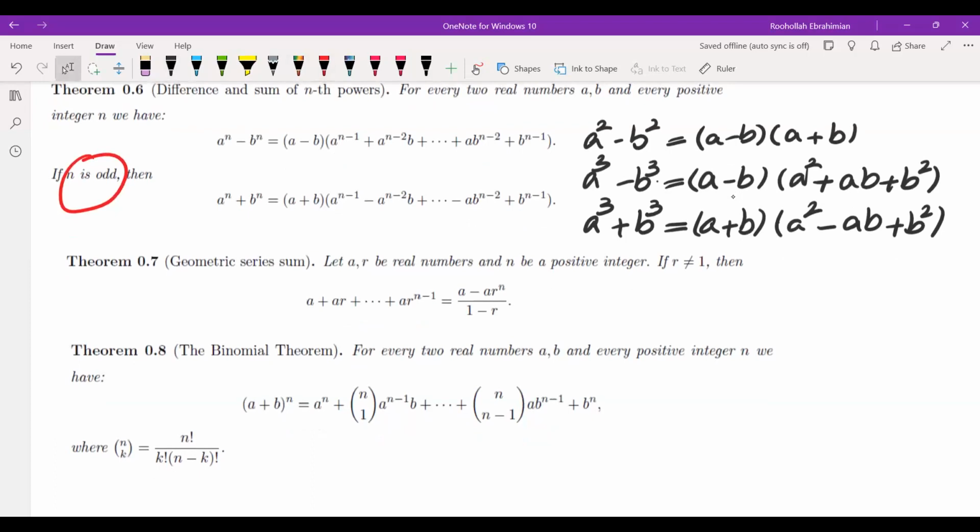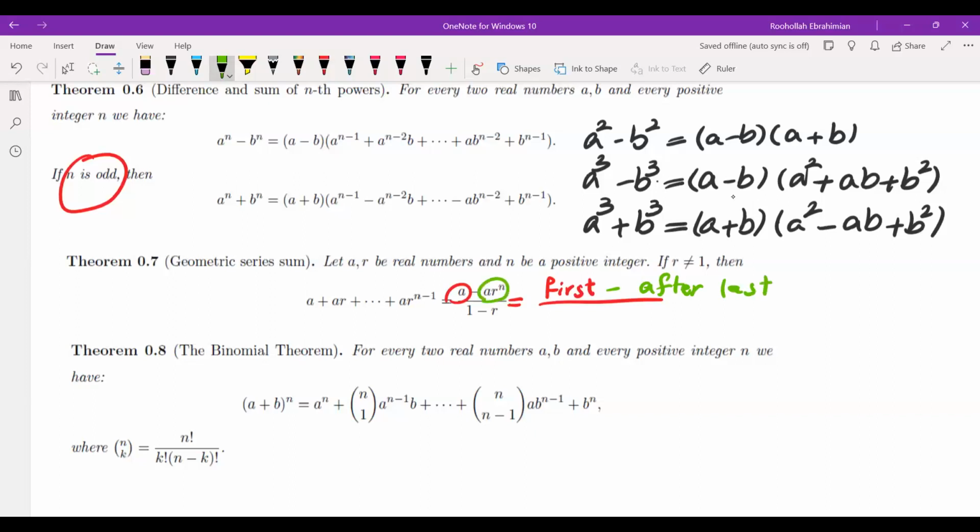So the next identity is the geometric series sum. When you add n terms of a geometric sequence, we're going to get a geometric sum or a geometric series. And the way I remember this is often by the first term. So this is the first term minus after last. This is the after last term.